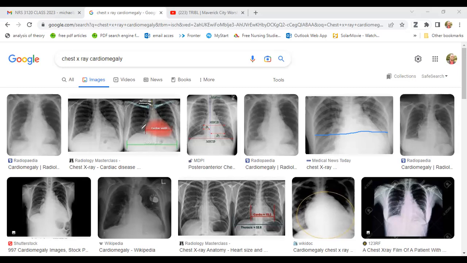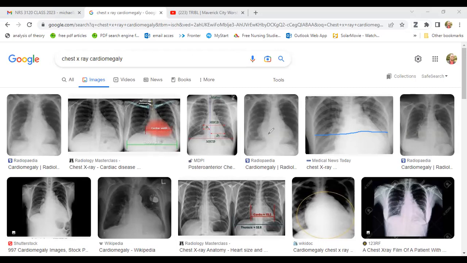Then this one here is the cardiac width. Now, normally, the heart should occupy not more than half the chest. So this width of the heart should be at most half of the thoracic width. If it goes beyond that, then your patient has cardiomegaly, which is enlargement of the heart.